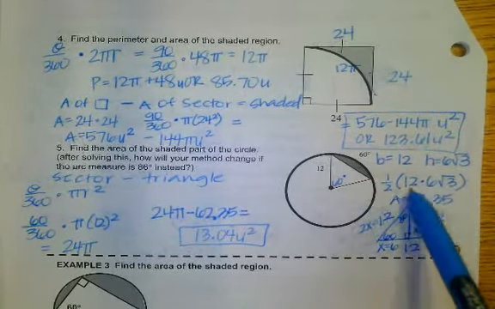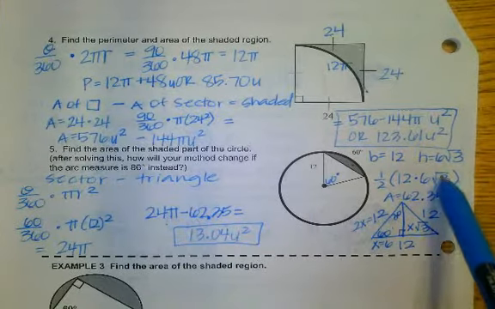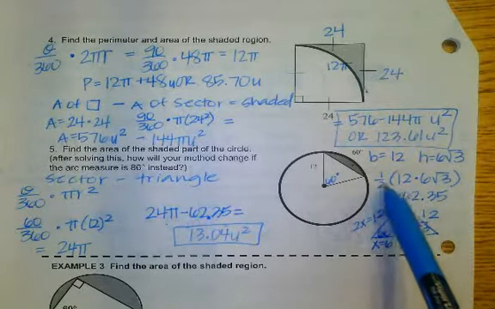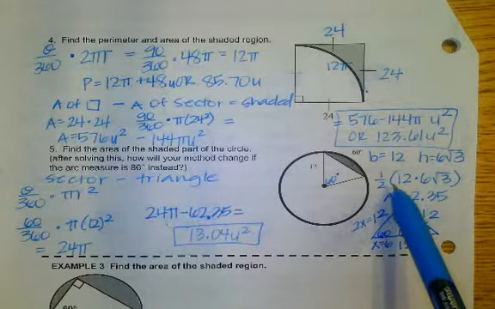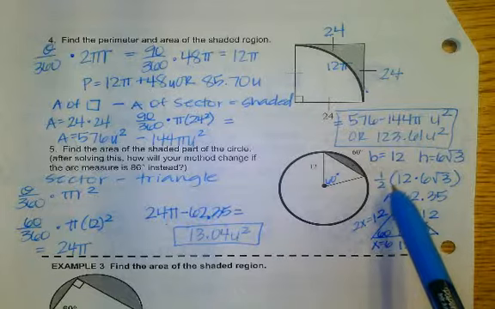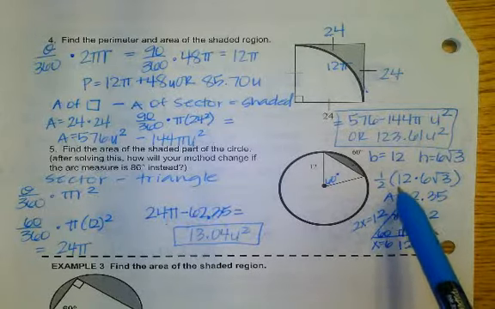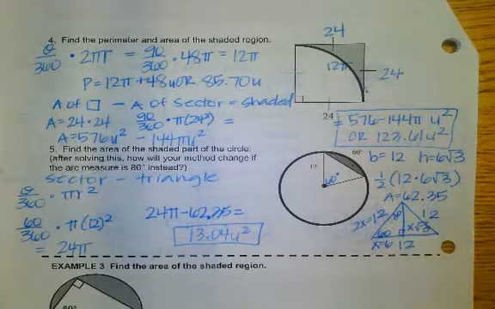Which is what? Right. Very good. So if I wanted the exact answer, it should be 24 pi minus 36 radical 3 units squared. That's exact. That's rounded.